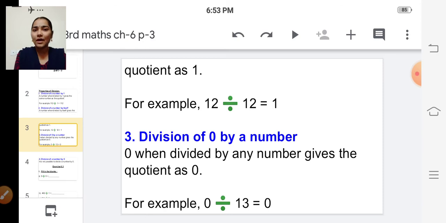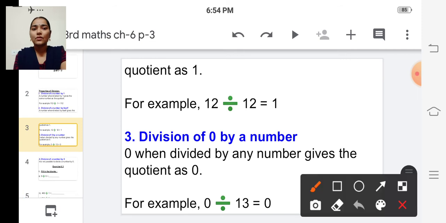For example, 0 divided by 13 is equal to 0. Instead of 13, if we put any number, 2, 3, any number, then we get the quotient as 0. This is the third property.